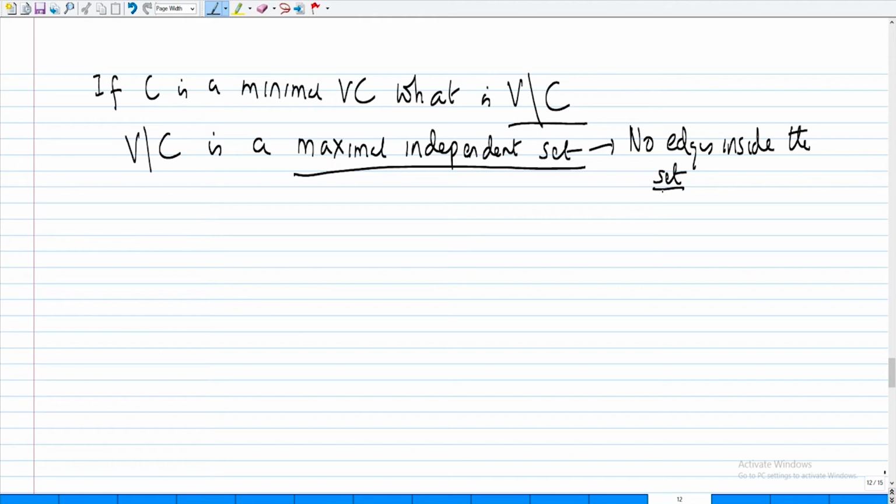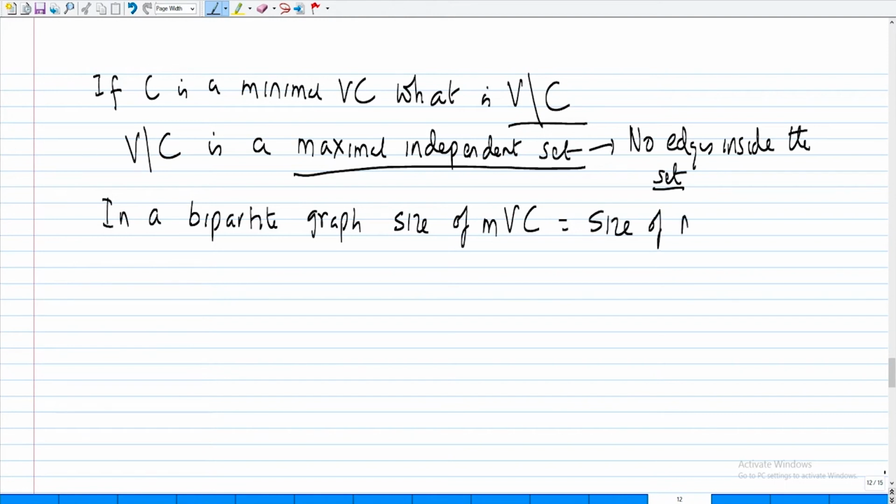So now I'm going to prove something very interesting. In a bipartite graph, the size of the minimum vertex cover is exactly the same as the size of a maximum matching.